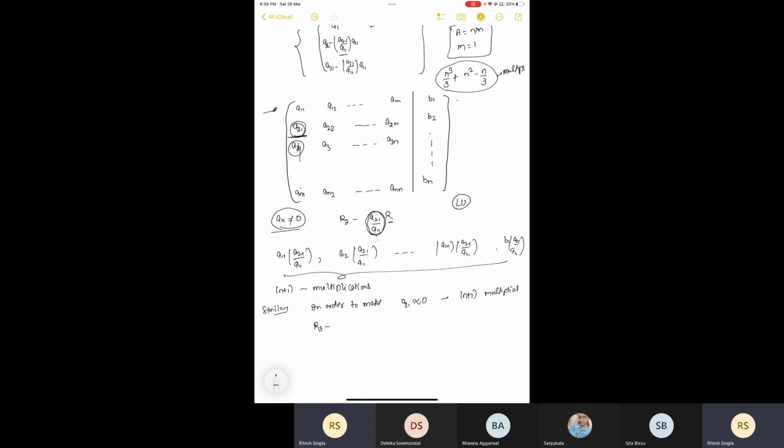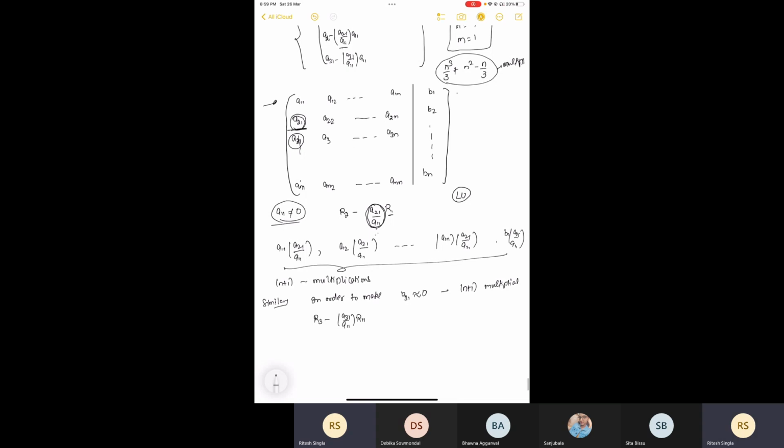We will do R3 minus A31 upon A11 times R1, so basically we again have to find these terms: A31 by A11, A1n times A31 by A11, and then B1 times A31 by A11, in order to make this entry 0, right or not?